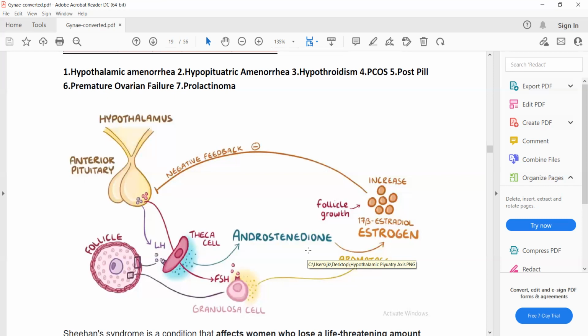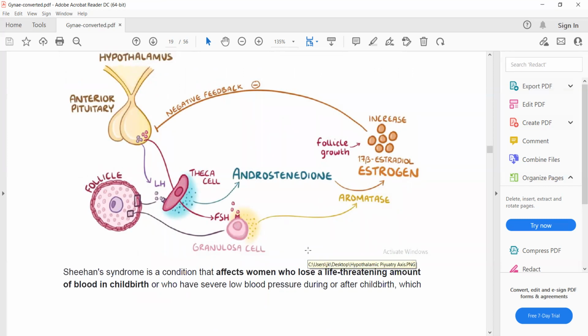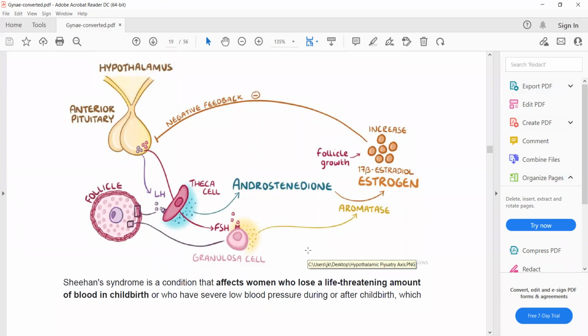All these things can lead to hypothalamic failure. While pituitary failure or hypopituitarism can occur in Sheehan syndrome and pituitary apoplexy, or a non-functioning pituitary adenoma can also lead to hypopituitarism. So the difference of hypopituitarism or pituitary amenorrhea will be on the basis of history.